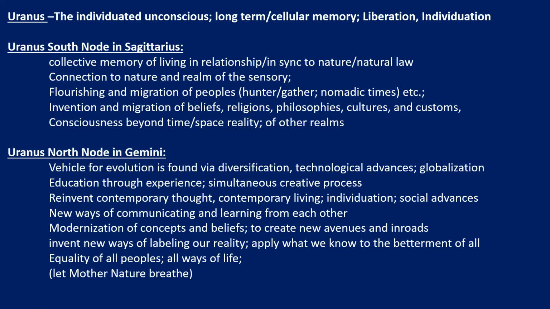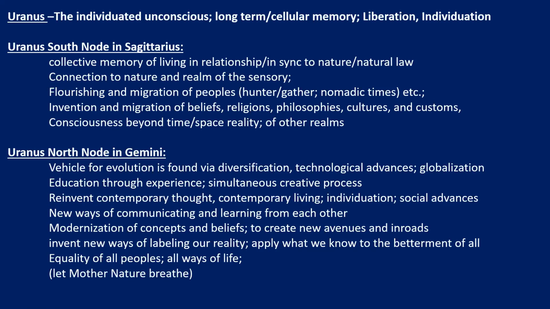How we're all downloading, the North Node in Gemini, correlates to the nervous system, and the nervous system is how we are registering the impulses and downloading all of that information. Reinvent the contemporary thought.